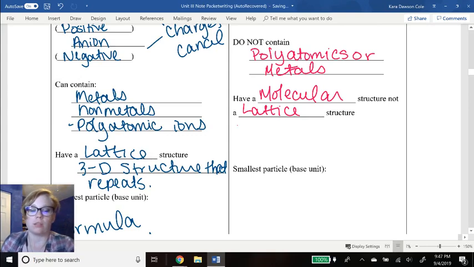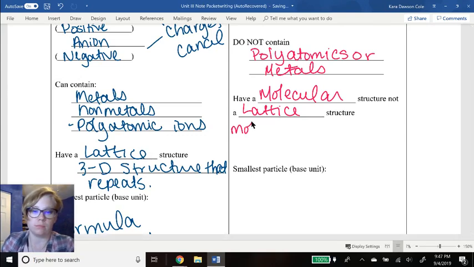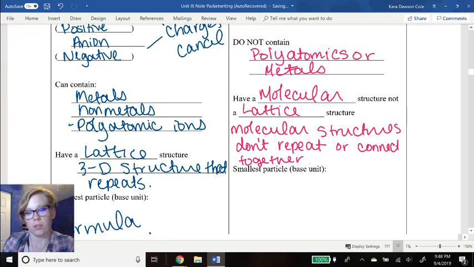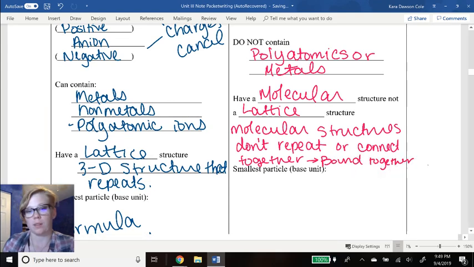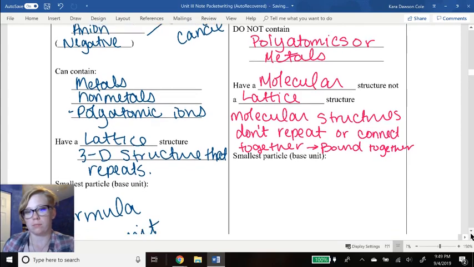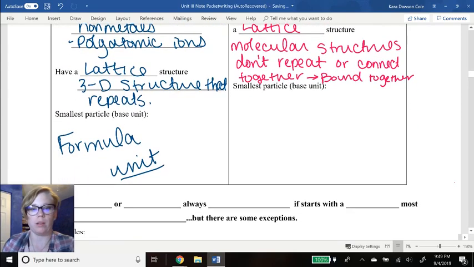Molecular structures don't repeat or connect together. They can be attracted to each other by a certain type of force, but they're not actually bound together.